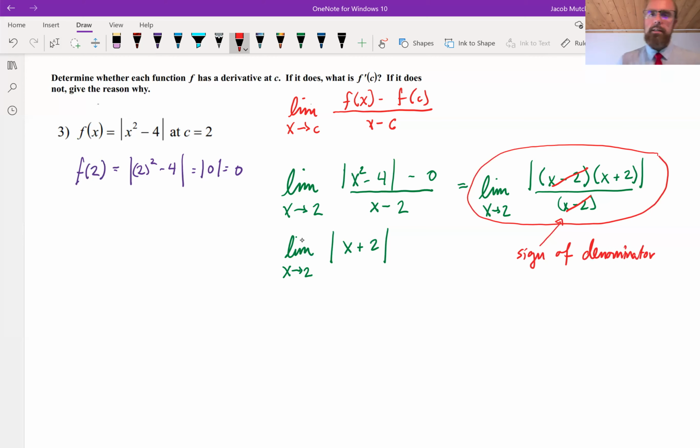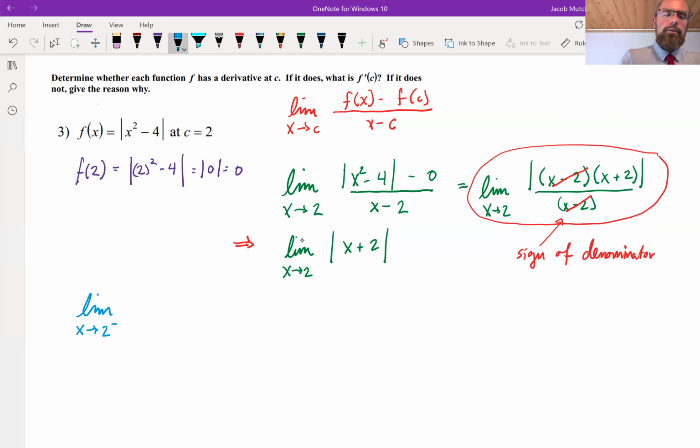So let's then compare the left hand with the right. So although I know that I've got this simplified form, I am going to use the previous step when I look at these two sides. So from the left, let's consider the limit as x approaches positive 2 from the left.